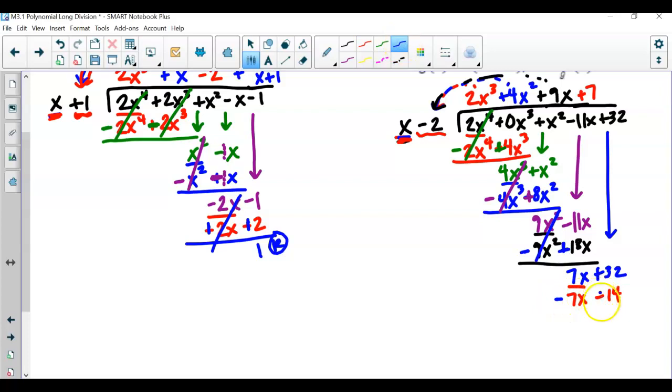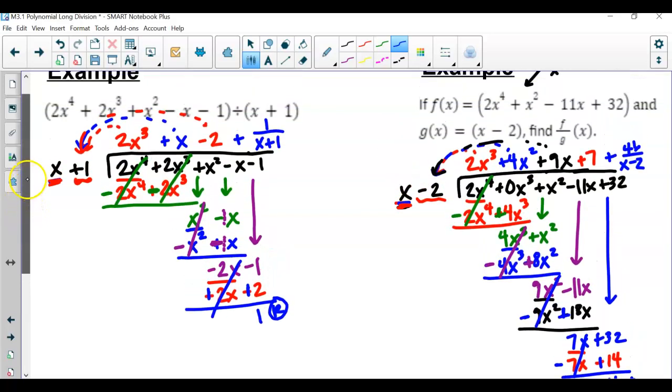Change the signs. So now that gives me my 0, but 32 plus 14 is 46. So that is your remainder. So plus 46 over x minus 2. So notice, because of the remainder, x minus 2 is not a factor.